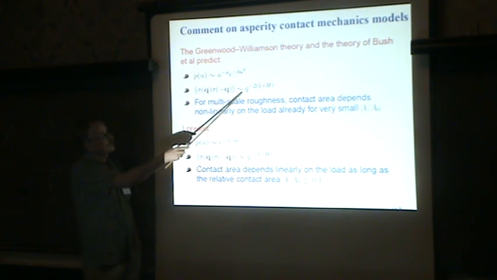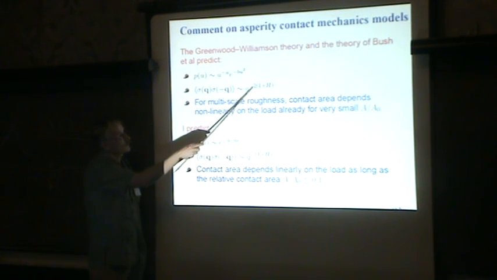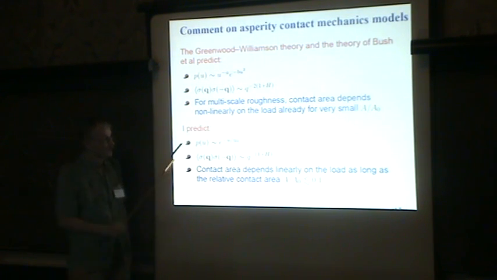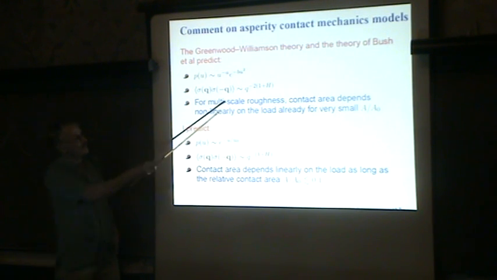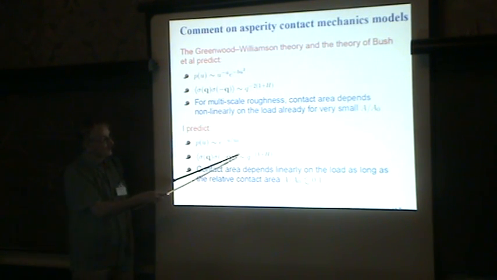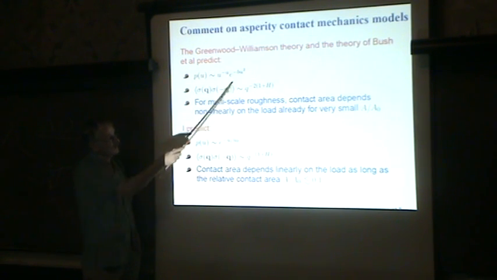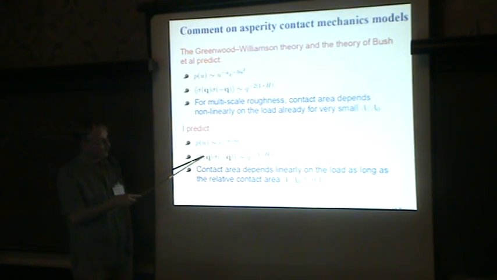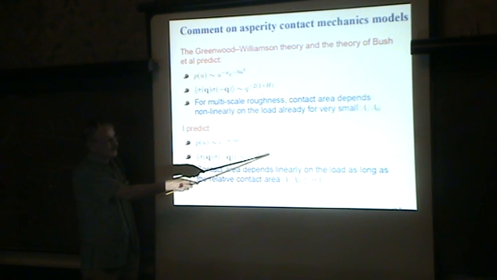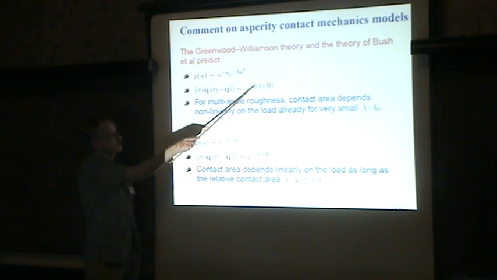According to Greenwood-Williamson theory, it should scale with the wave vector in this way, where this is the Gauss exponent related to the fractal properties of the surface. According to my theory, it scales much weaker. As a matter of fact, I don't have this factor 2 here. And there have been numerical simulations by Mark Robbins and Martin Müser and other people, and they find exactly this scaling here.